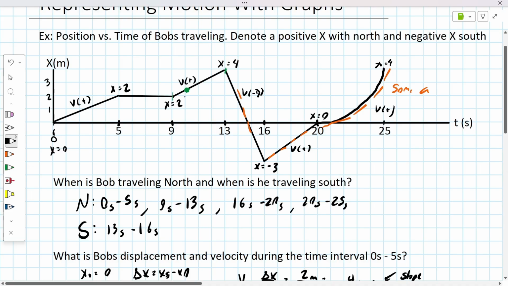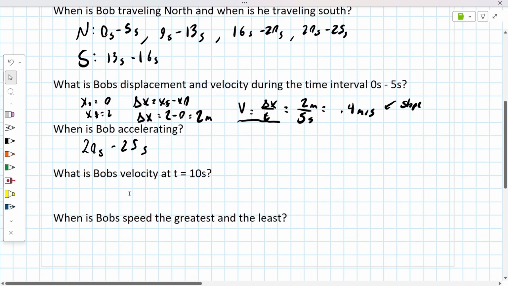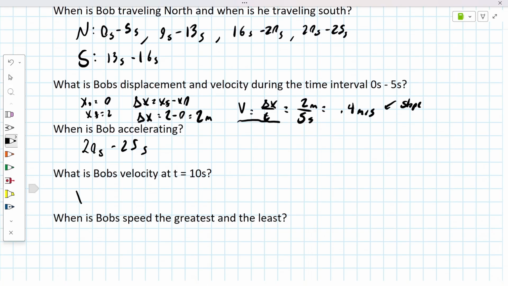So we know that x is from 2 to 4, and the time is from 9 to 13. So if we solve for that average velocity, we know that the velocity will equal the change in x over the change in time.